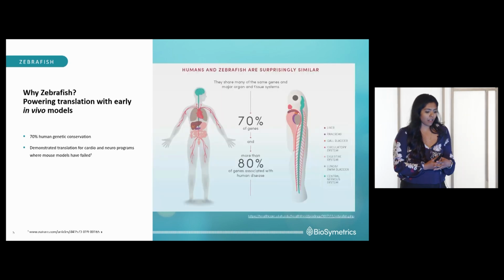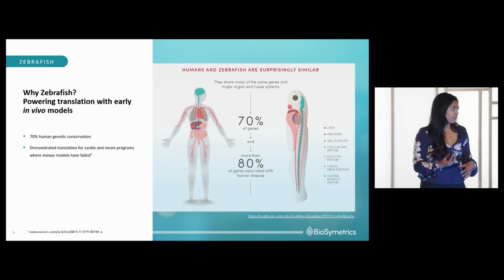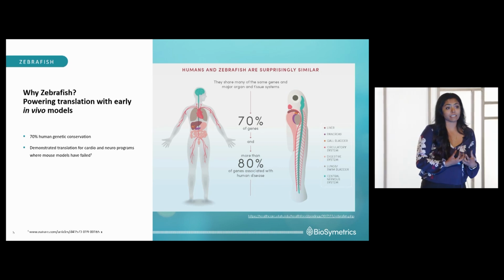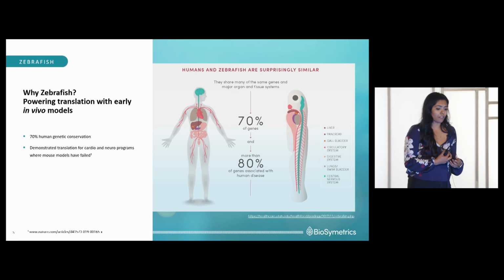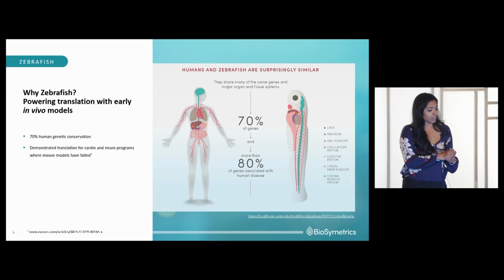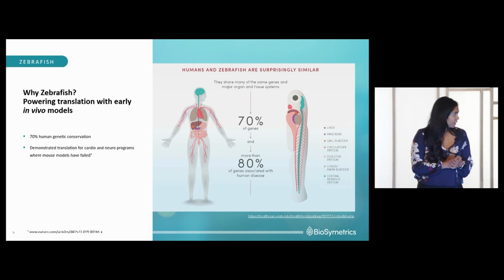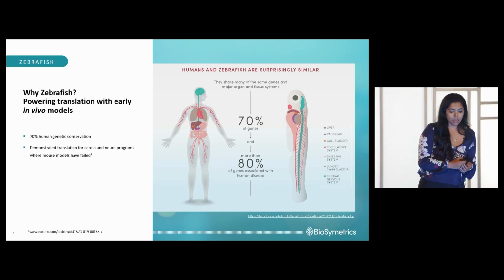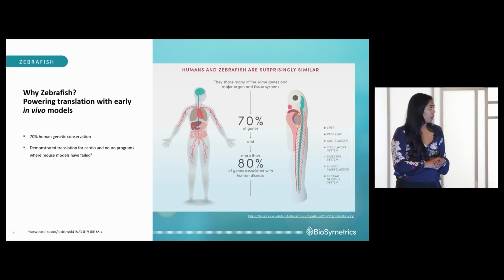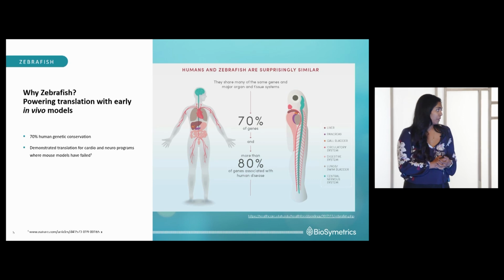In terms of why we can look at zebrafish to humans, surprisingly, humans and zebrafish are very similar. There is about 70% human genetic conservation. About 80% of those genes are associated with human disease.